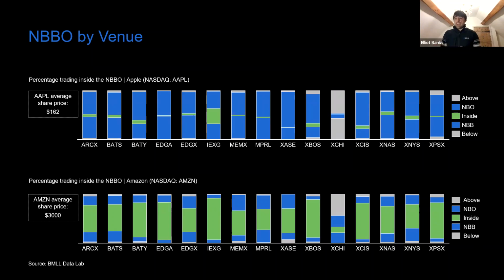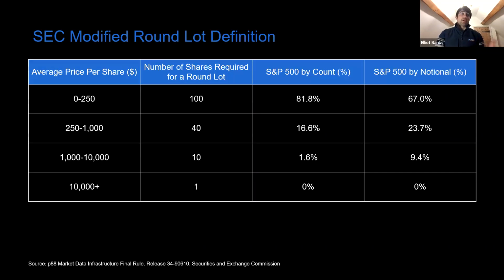So that's where we are today with round lots and odd lots. But actually, one of the big regulatory changes is coming and looking at changing the definition of round lots to absolutely try and constrain and change some of this problem.